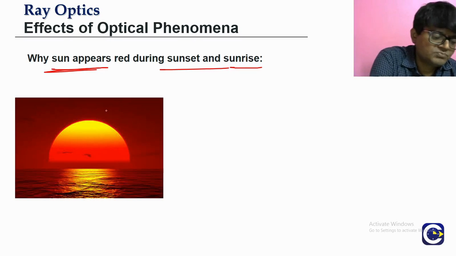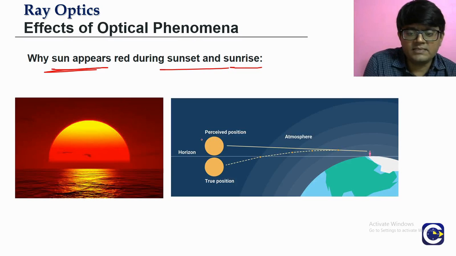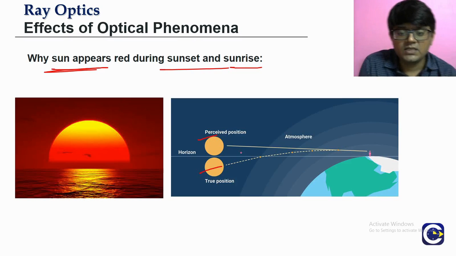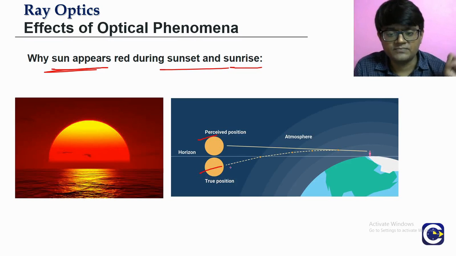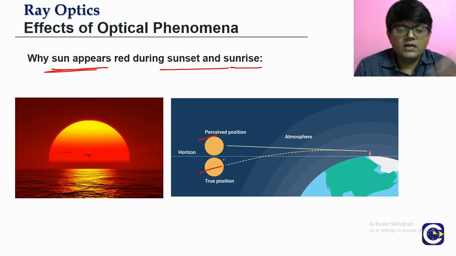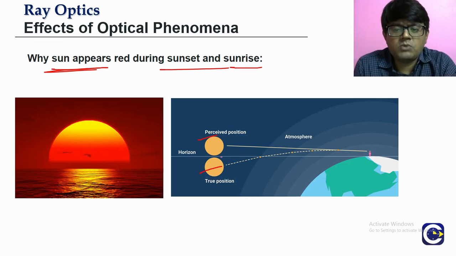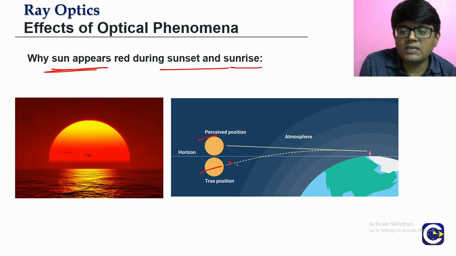Red in color. Why? Because this is something that we already discussed in terms of the position of the sun when it is reaching near the horizon. When the sun is close to the horizon, the path that the light rays travel will be the longest path.